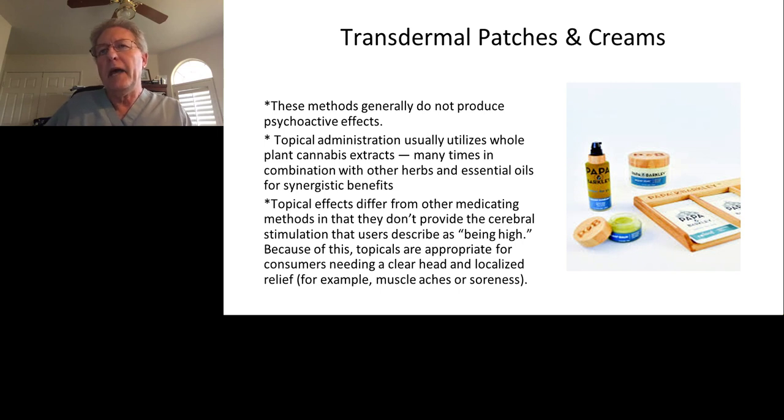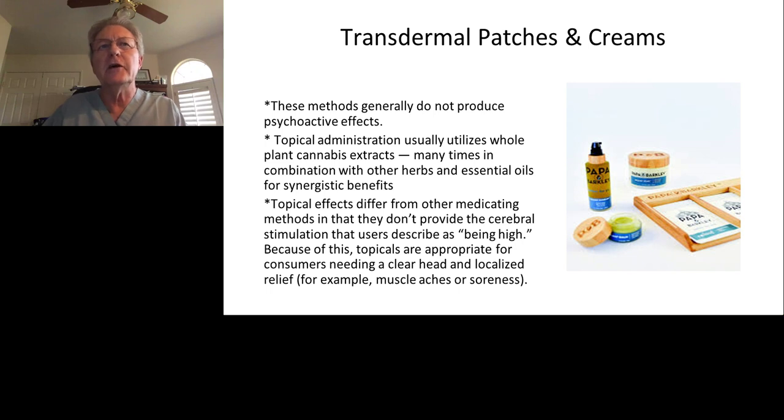Now, transdermal patches and creams make up a huge product line in dispensaries and CBD products outside of dispensaries across the country. They include sprays, creams, salves, lotions, bath salts, patches, massage oils, and lubricants.